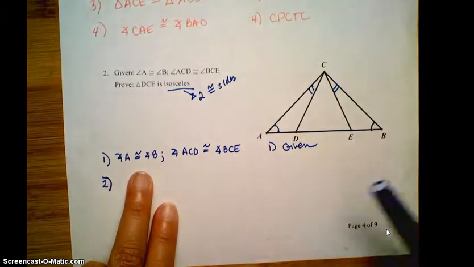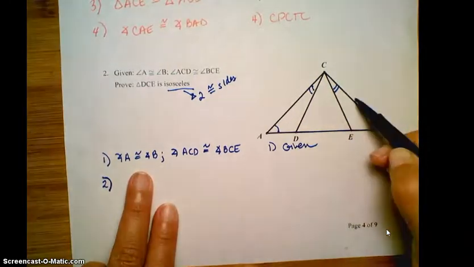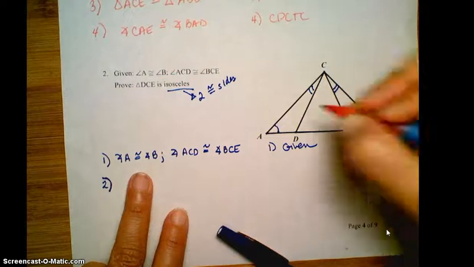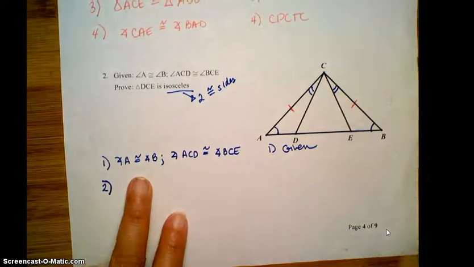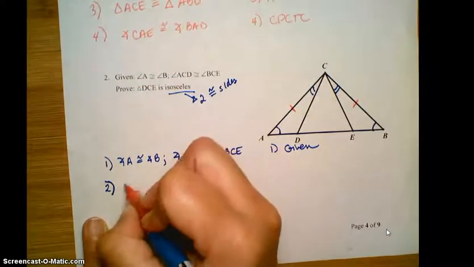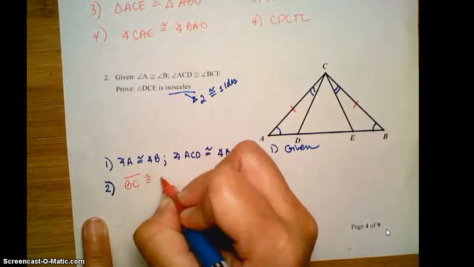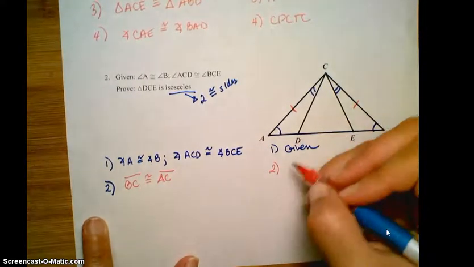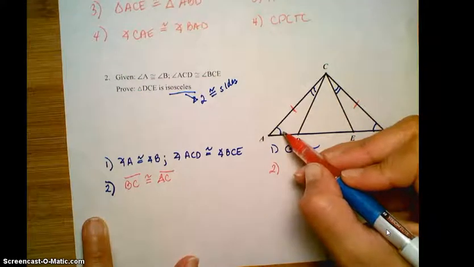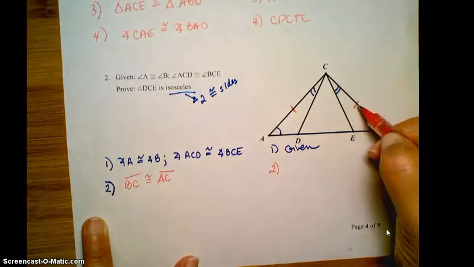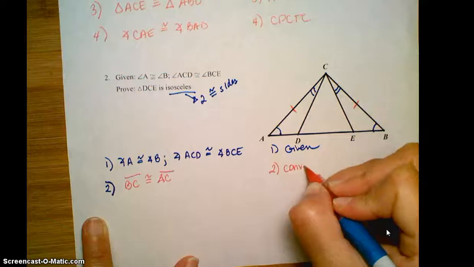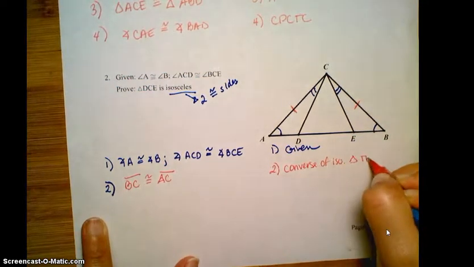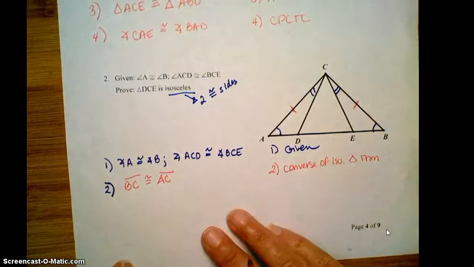So the sides opposite them must be congruent, and that would be segment BC and segment AC. So again, mark it, say it in your picture. And your reason this time, you started with the angles being equal and went to the sides being equal. That's the converse of the isosceles triangle theorem. When you start with the angles, it's the converse.